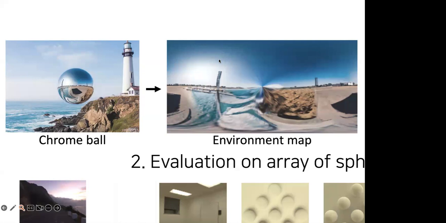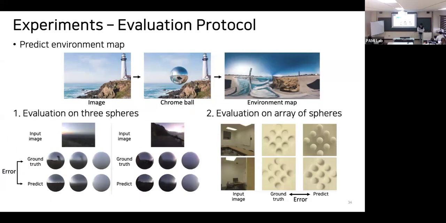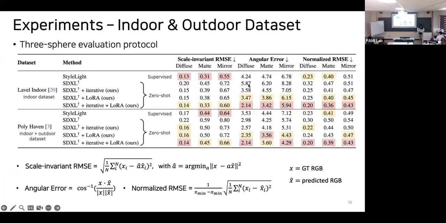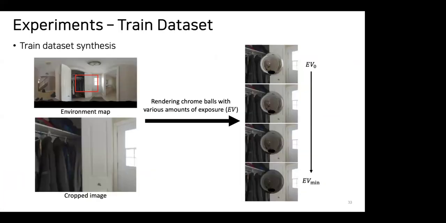I have another comment on that synthetic data generation part. Yeah, this one. When they generate the data, they crop it from the equirectangular coordinate directly, right?